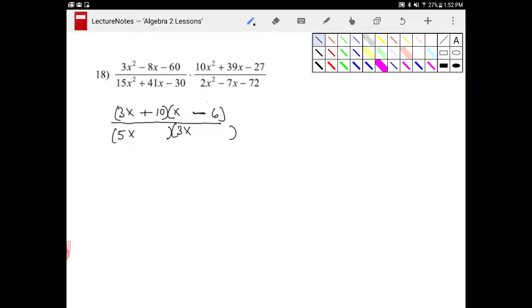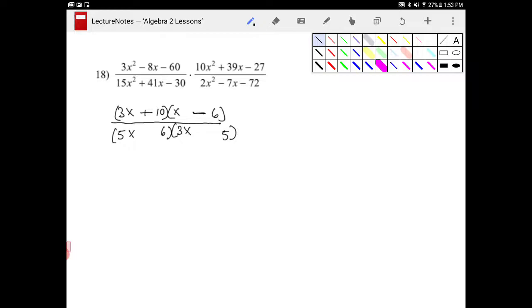So if it's 6 and 5, I will not get 41. If it's 6 and 5, I get 15 and 30. I won't get 41 there in the middle. If it's 6 and 5 like this, that's 18 and 25.